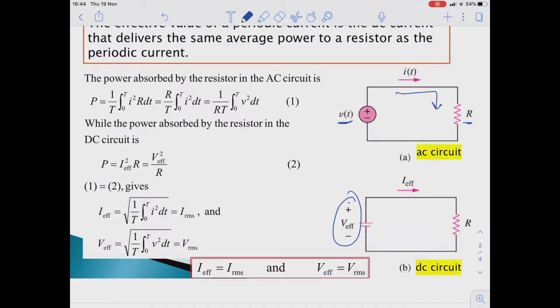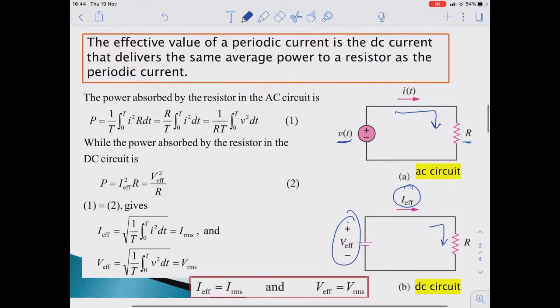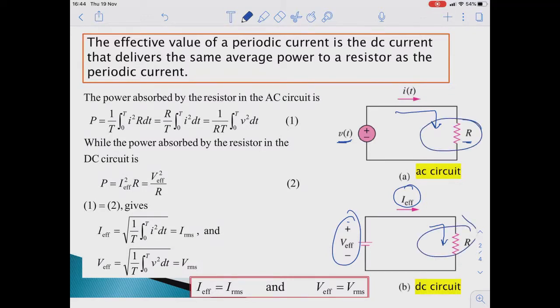For this DC source, you will have a current I effective passing through this resistor, and we would like it to have the same average power in the resistor. So let's find the average power of the resistor in the AC circuit.